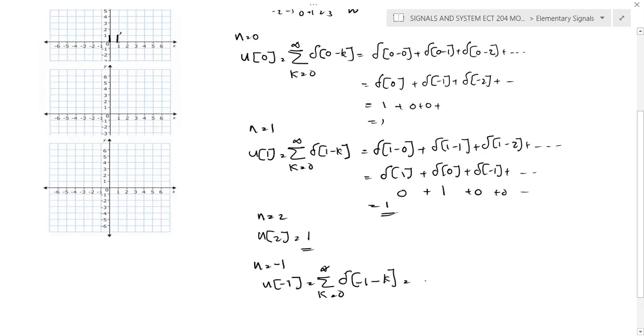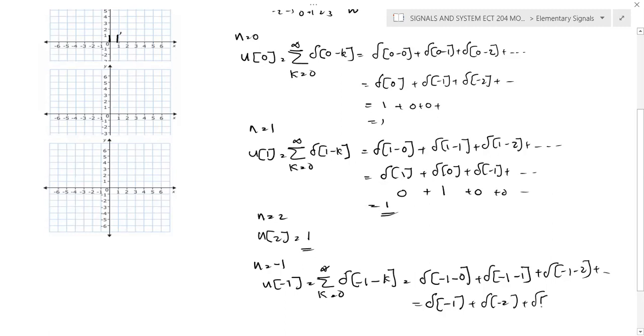Now if you substitute the values of k, the expression becomes del of minus 1 minus 0, plus del of minus 1 minus 1, plus del of minus 1 minus 2, plus etc. If you observe this expression, all the terms are del of negative values, del of minus 1, del of minus 2, del of minus 3 etc. So all these values are 0, 0 etc. So finally you will get 0.